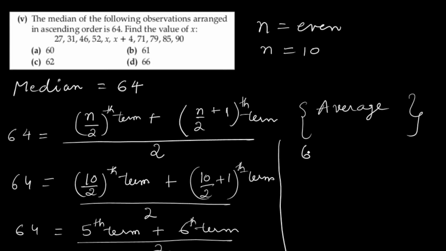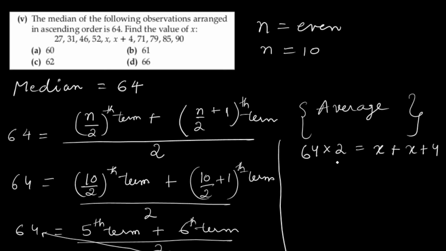Let's shift this 2 to the other side. So 64 into 2 is equal to, now which one is the fifth term? If you count, the fifth term is x, and the sixth term, the next term, is x plus 4.